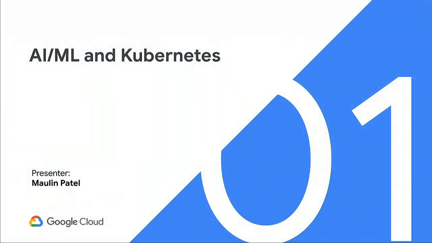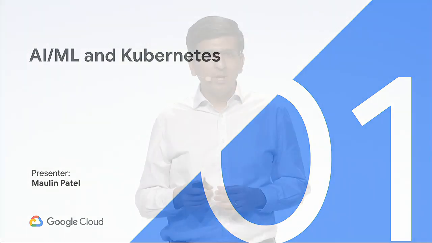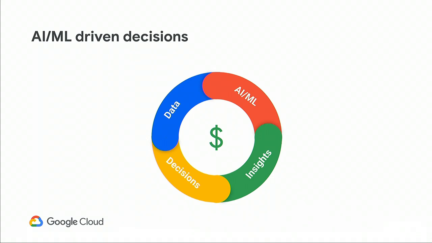So let's get started. Today we are going to talk about two hot topics in the computer industry. First is artificial intelligence and machine learning, and second is Kubernetes. Both are critical pillars in today's modern computing environment. In today's digital economy, data is the currency.